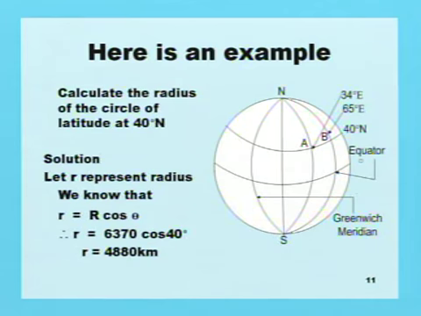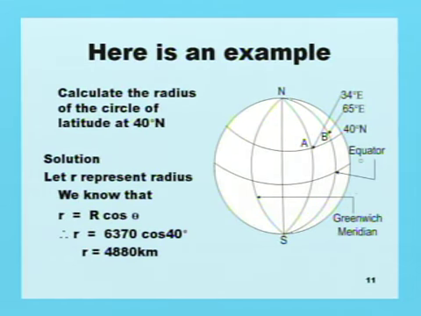Let r represent the radius of that latitude circle. We know that little r is equal to big R cosine the angle, which is theta. We are told that the radius of the Earth is approximately 6,370 kilometers.